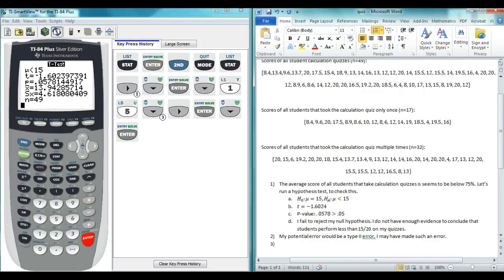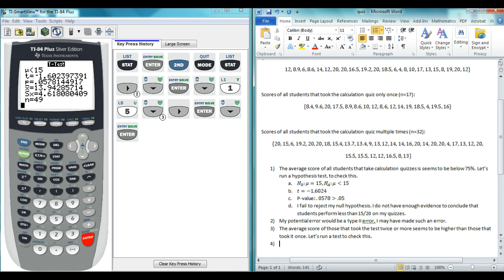The second alternative was to test for differences. So here's how I'd run my differences. I would say the average score of those that took the test twice or more seems to be higher than those that took it once. Let's run a test to check this. In this instance, I have 2 independent samples.